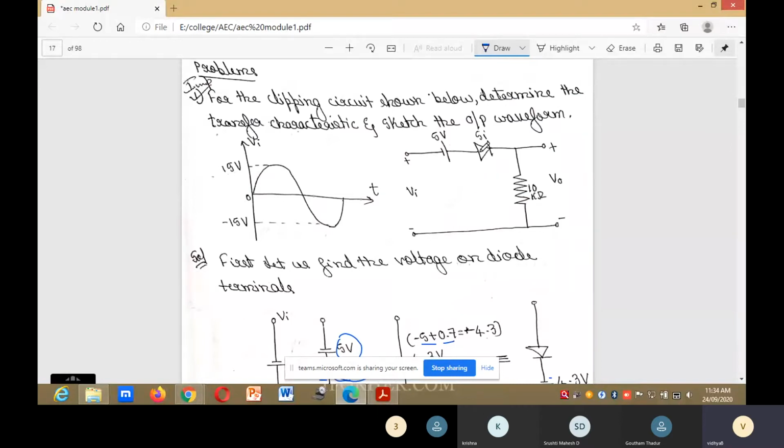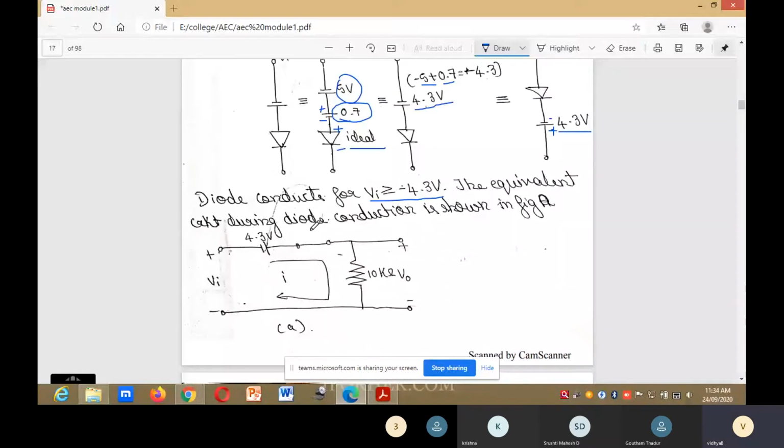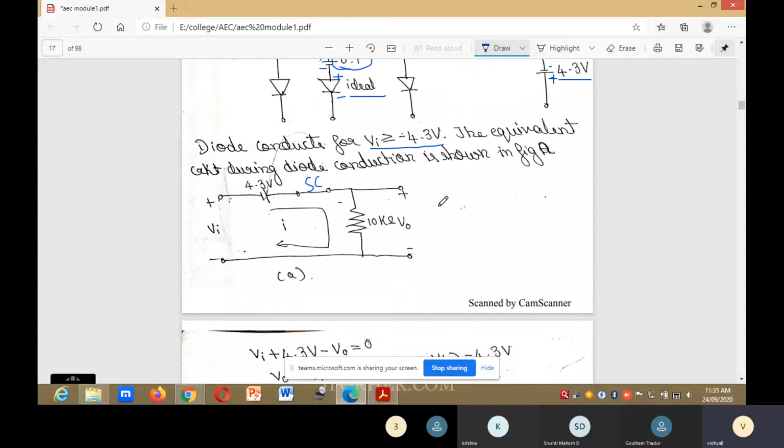For positive, this diode will become forward biased, so short circuit. Draw the equivalent circuit with 4.3 as it is.